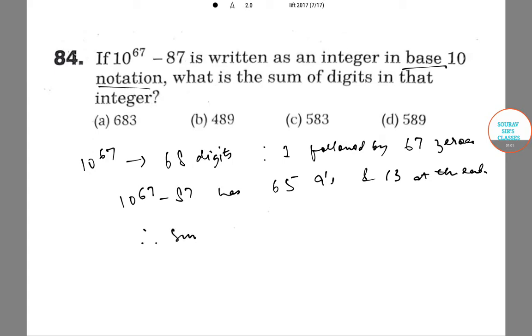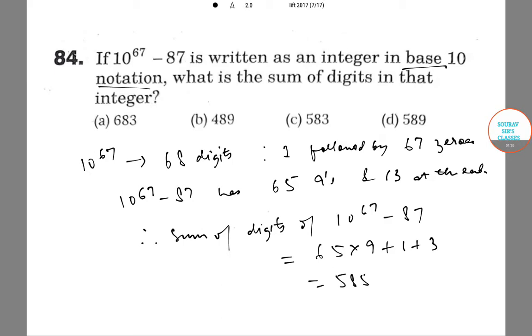Therefore, the sum of digits of 10 to the power 67 minus 87 is equal to 65 into 9 plus 1 plus 3, which is equal to 585 plus 4, that is 589. So the correct option is option D.